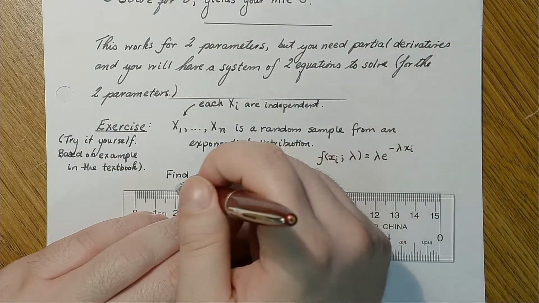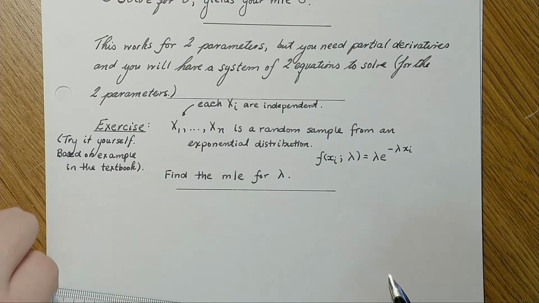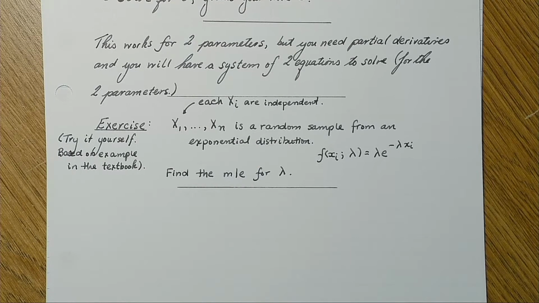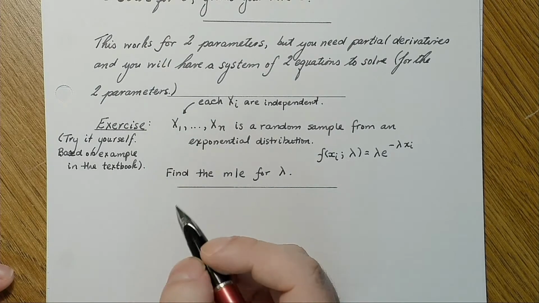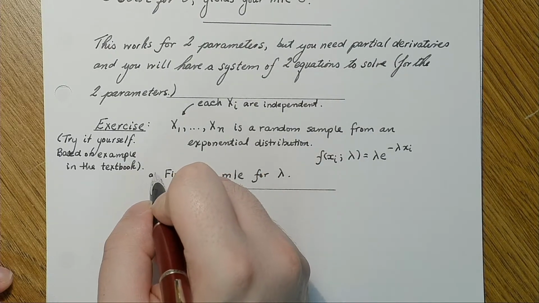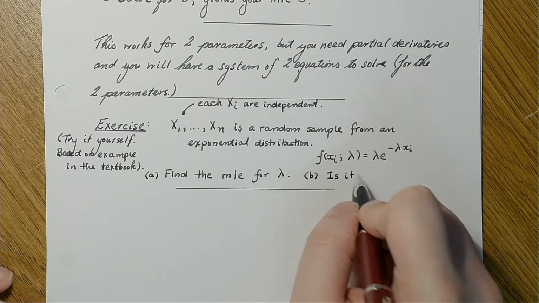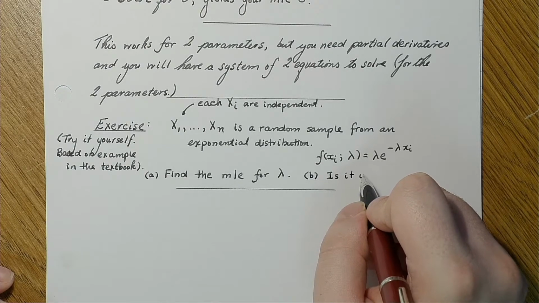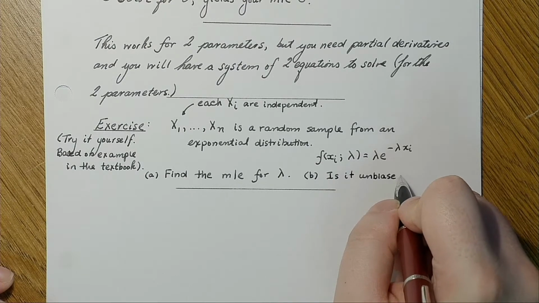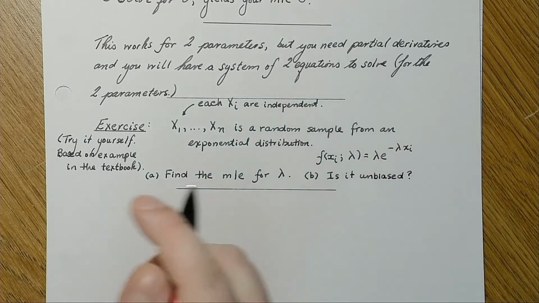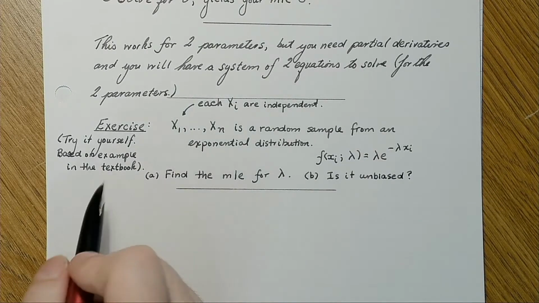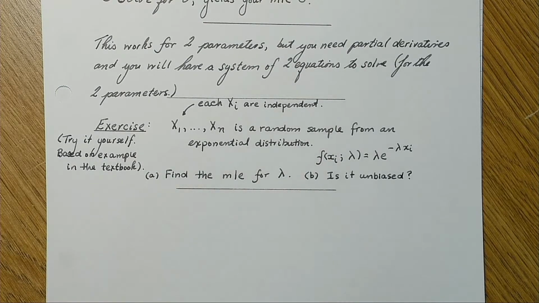Here's my exercise for you. So I guess you could say that this is part A, and part B is, is it unbiased? Okay, and it's based on the example in the textbook. So just have a look at that, and if you get stuck on this, just have a look at that solution.